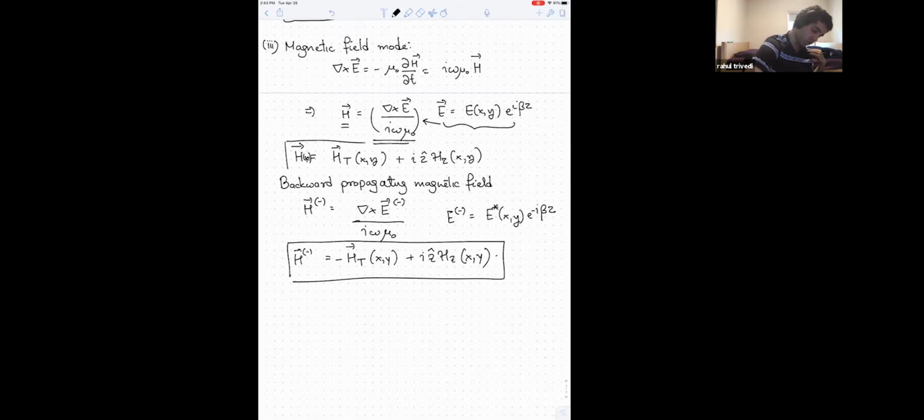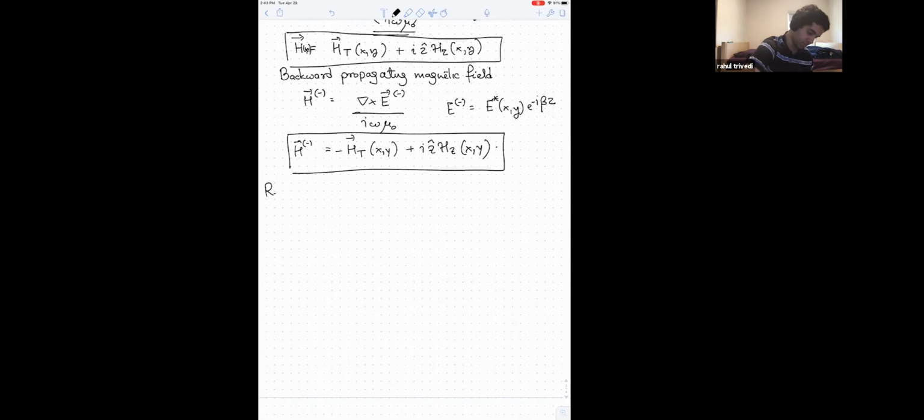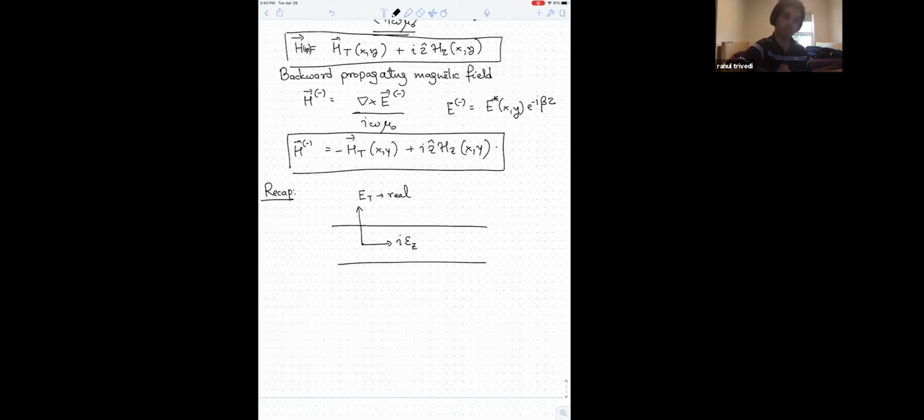So just to recap, let me recap here what I just said in the last 5 minutes. So you have a waveguide, and you have a mode which has a transverse component that is real for a forward propagating wave, and it has an imaginary component which is along the z direction, okay?